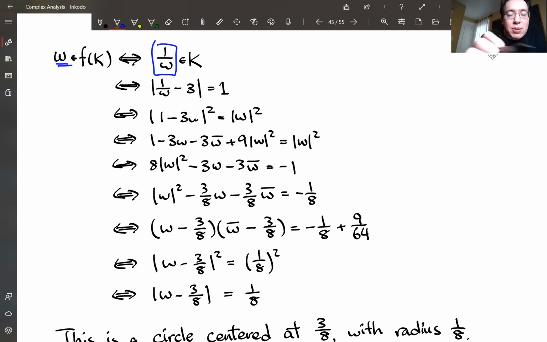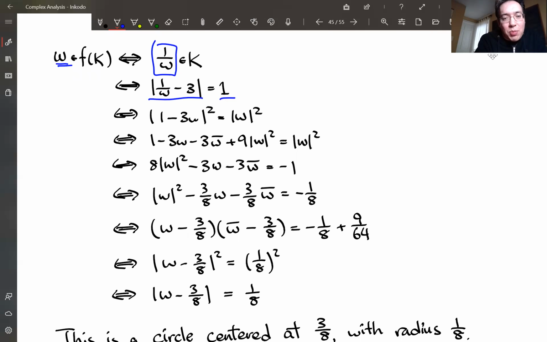That's the same thing as looking at 1 over W in that circle, because the inverse of 1 over Z is just 1 over Z. Okay, so that means that the modulus of 1 over W minus 3 is equal to 1, because that's the condition to be on the circle.